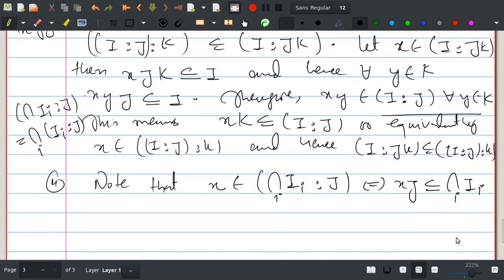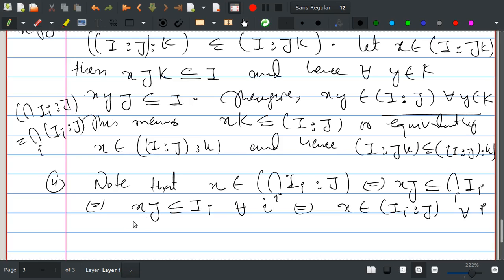So this is if and only if xj is contained in I_i for all i. So this is if and only if x is in I_i : j for all i, which means that x is in the intersection, because this is true for all i.